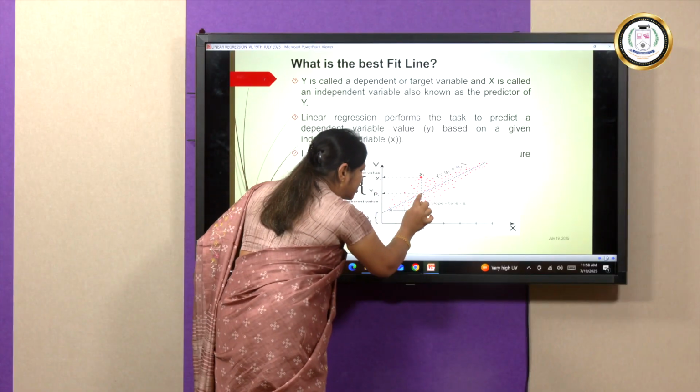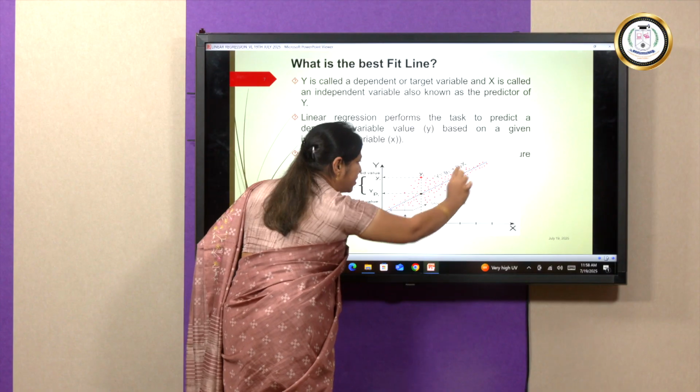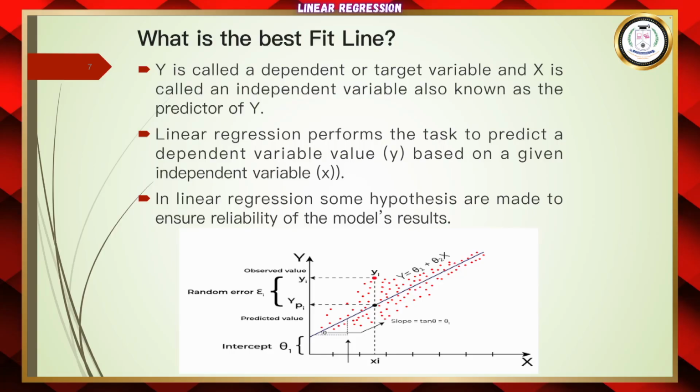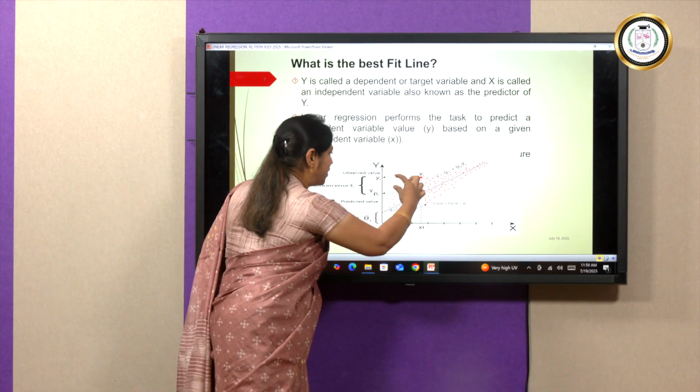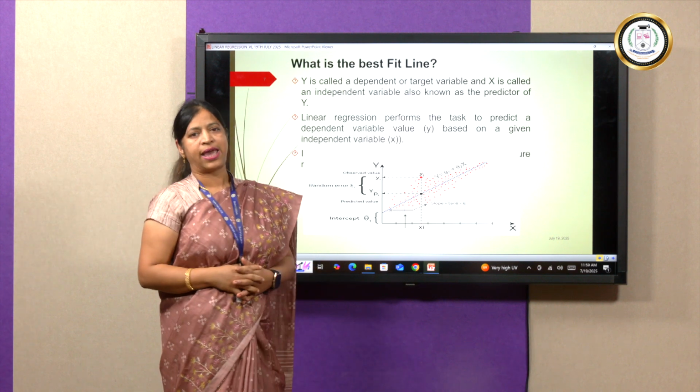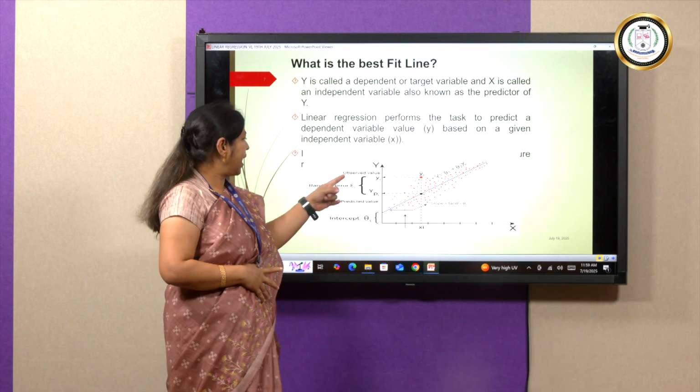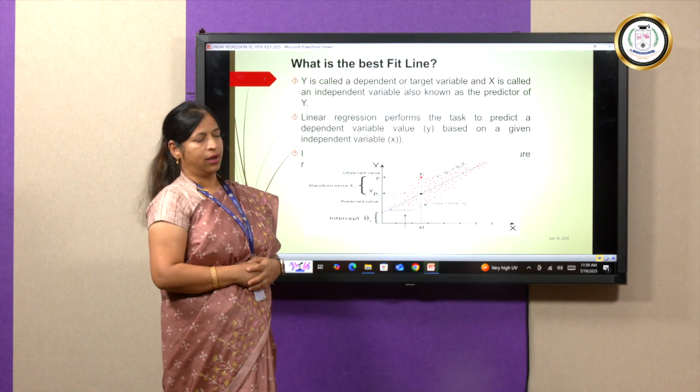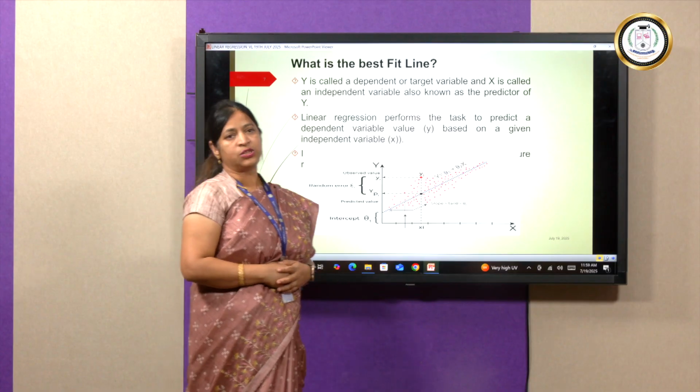When you check this black point over the best fit line, the y value for this black point is ypi, which is known as the predicted y value. The difference between these two we call the error, that is yi minus ypi. We can also call ypi as y hat.